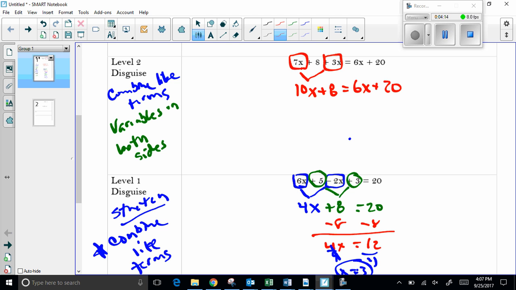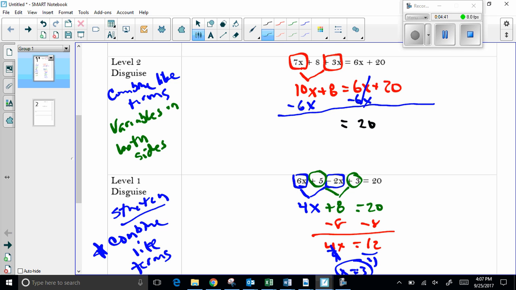Well, from here, I've combined all my like terms, but now I need to cancel out one of these variable terms. So I think I'm going to go for the smaller one. I'm going to subtract 6x on both sides. That cancels out, and now my equation just says 20 on the right-hand side.